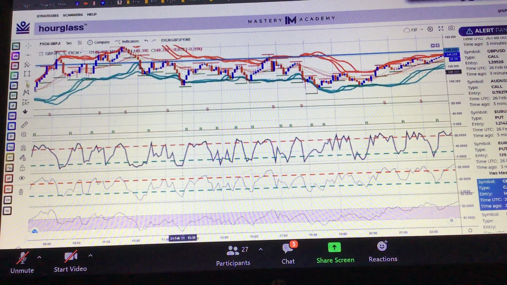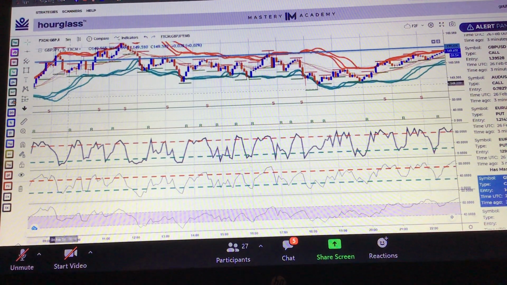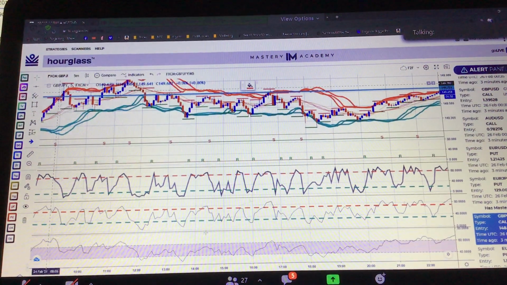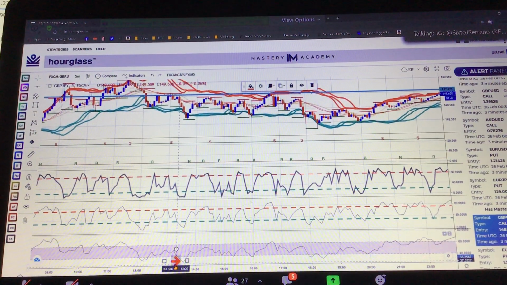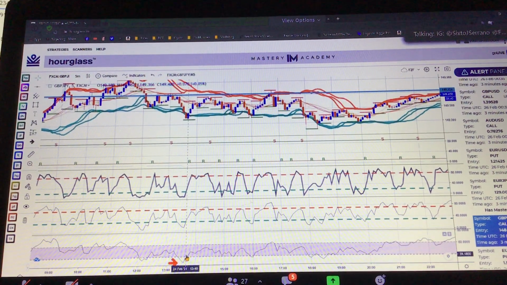Okay, right there. All right, first things first. We got 1 minute 50 seconds left. So what I like to see is the RSI at its furthest point.